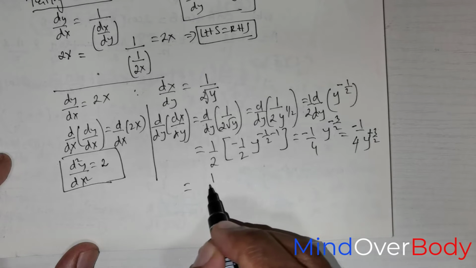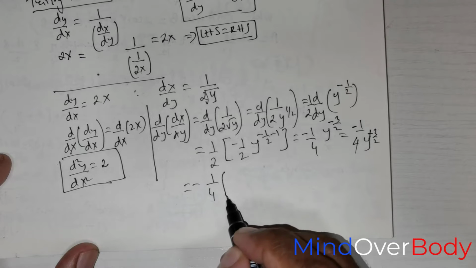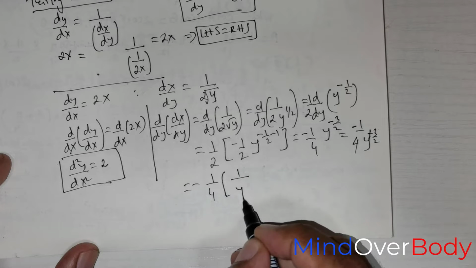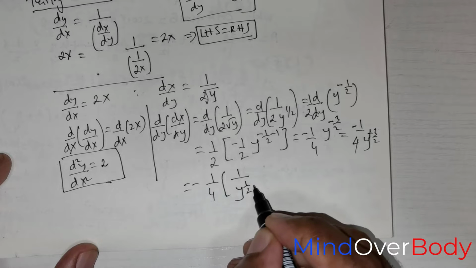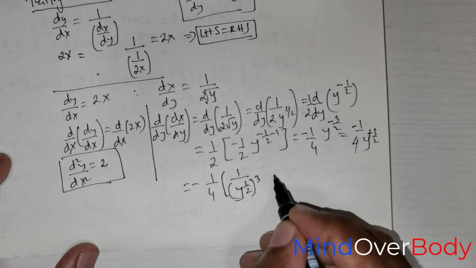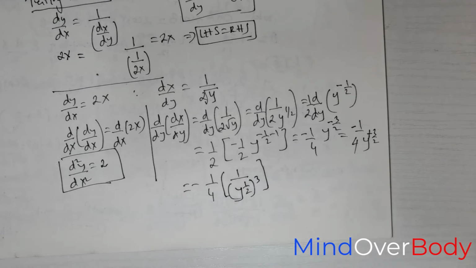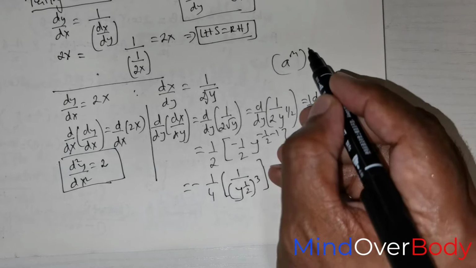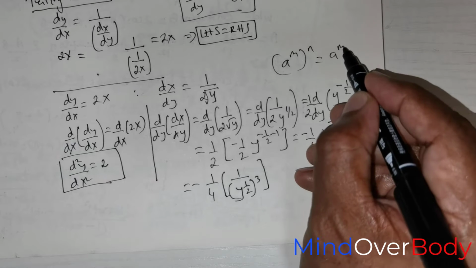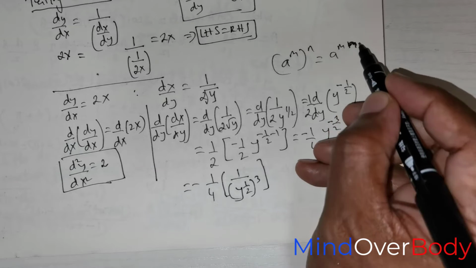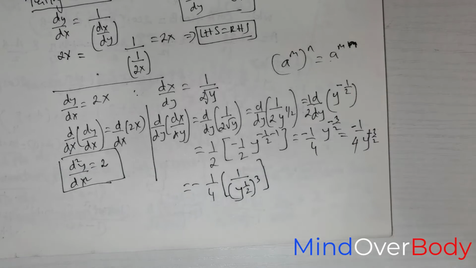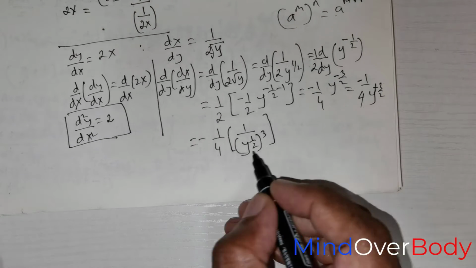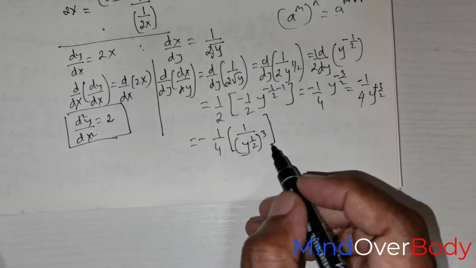So, I'm going to rewrite y raised to the power of 3 over 2 in this fashion: y raised to the power of 1 over 2, raised to the power of 3. Right? I can very well do that, because of the law of indices, a raised to the power of m raised to the power of n is equal to a raised to the power of m times n. So by this property, I can make that representation.